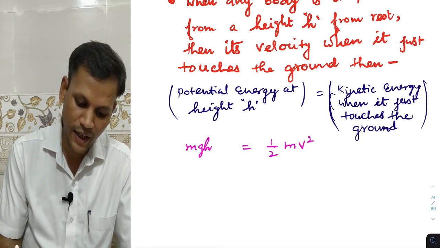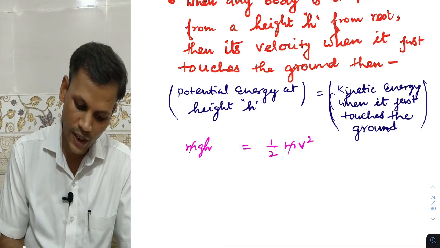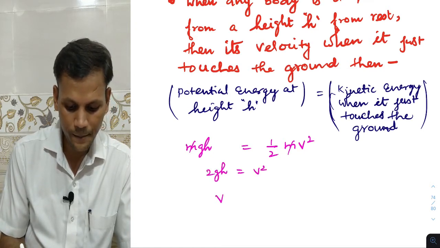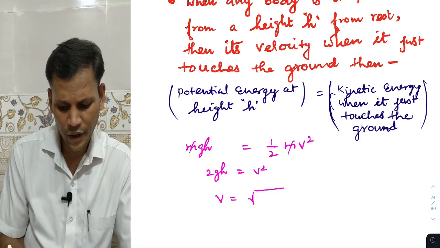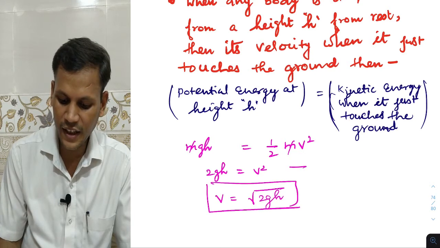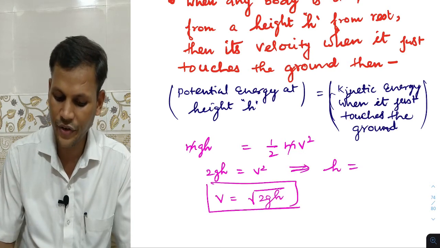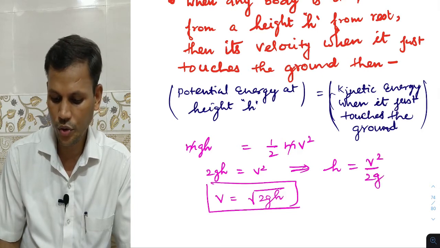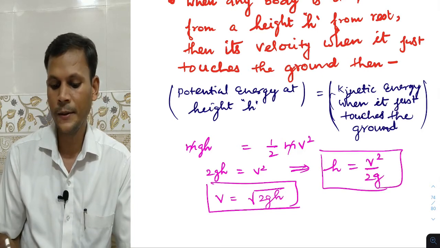Now m and m get cancelled, and you get 2gh equals v square. So v will be root of 2gh, one of the formulas, and if we wish to calculate the height, it will be v square by 2g. So these two formulas we have.